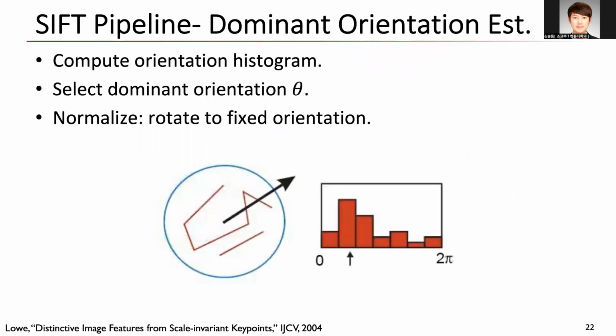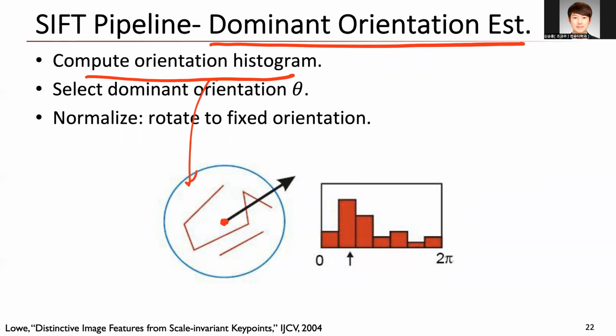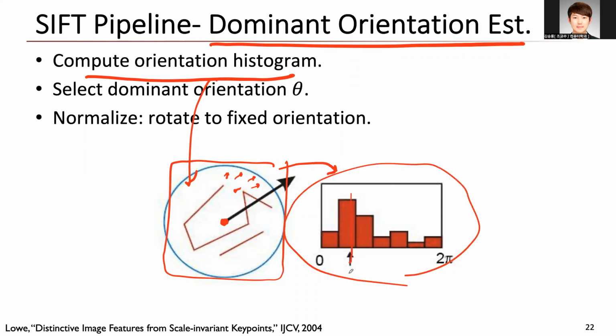And in the next step, we compute the dominant orientation for each feature point. How can we do that? First of all, compute the orientation histogram. This is just like the gradient. Make a histogram of the gradient orientation of the nearby pixels, fill the histogram like this, and just pick the most frequently selected orientation, and from here we decide the main orientation.